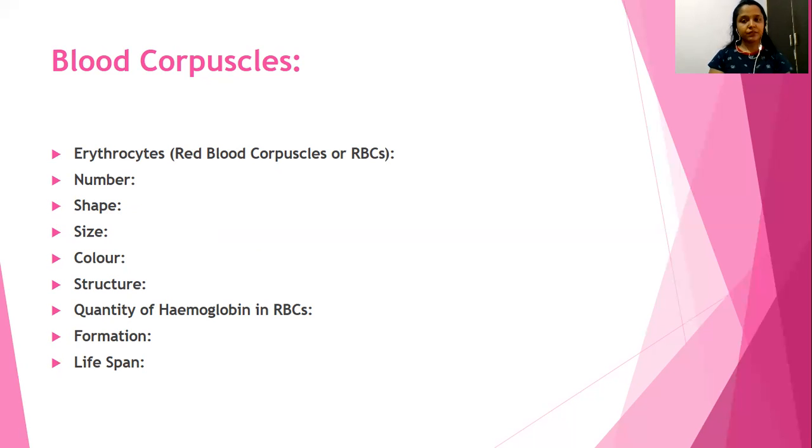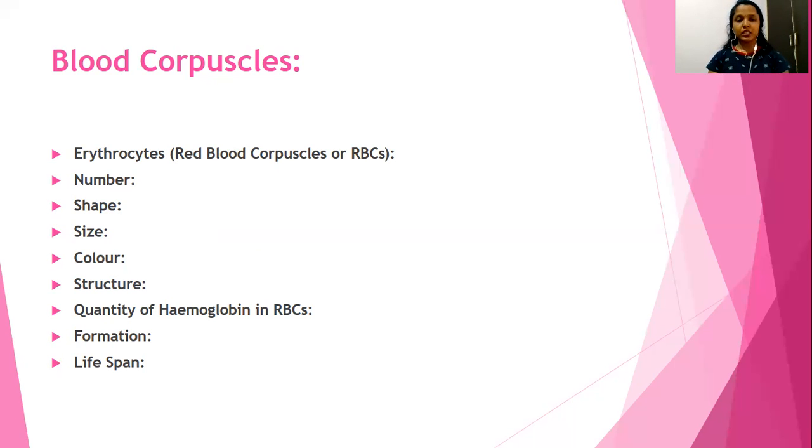Just a biconcave oval shaped cell will be there. And the quality of the hemoglobin in the RBCs: as we all know, hemoglobin is a globin protein, which is helpful to carry oxygen. Every hemoglobin particle carries 4 molecules of oxygen during respiration.